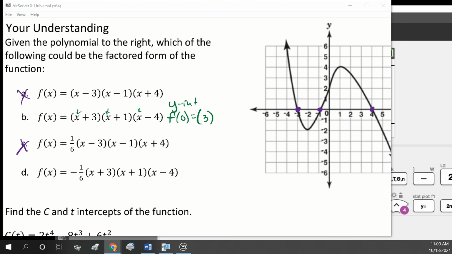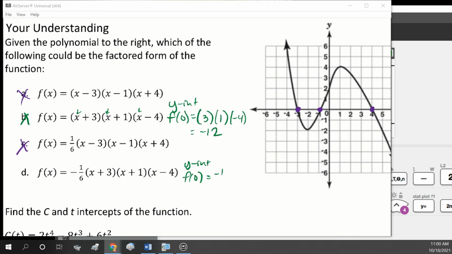So we end up getting 3 times 1 times negative 4, which is negative 12. Is that the right y-intercept? What y-intercept do we want? 2, so that's wrong. So it's B, but let's just double check on the y-intercept.